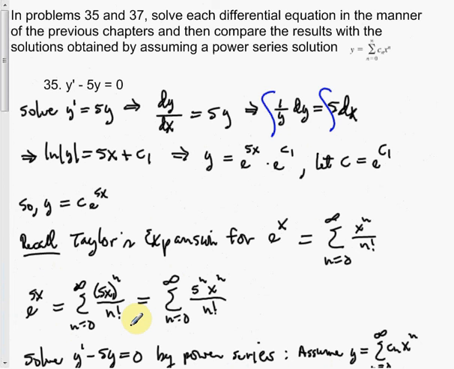The point is this: the solution from the power series is the same solution that you would get with the previous method. But later on, like I told you in the beginning, when we start solving some of these differential equations where there is no known solution method, like we don't have separation of variables, or the linear form or homogeneous and that kind of thing, a lot of times you'll be left with maybe two possibilities to solve.